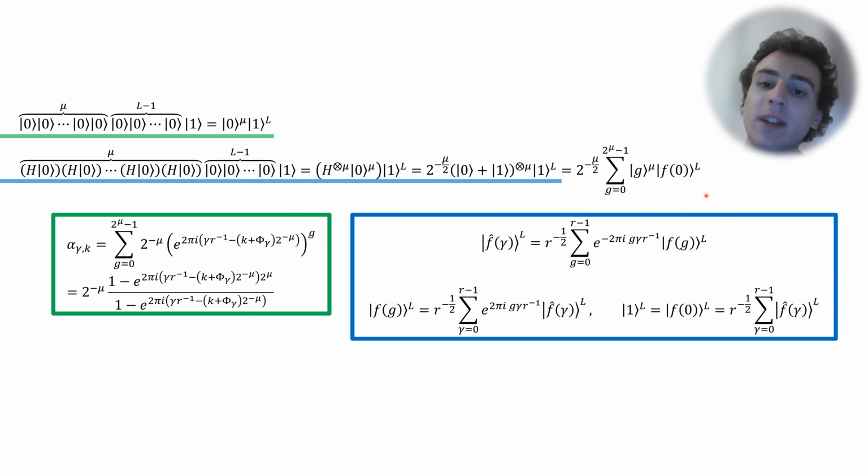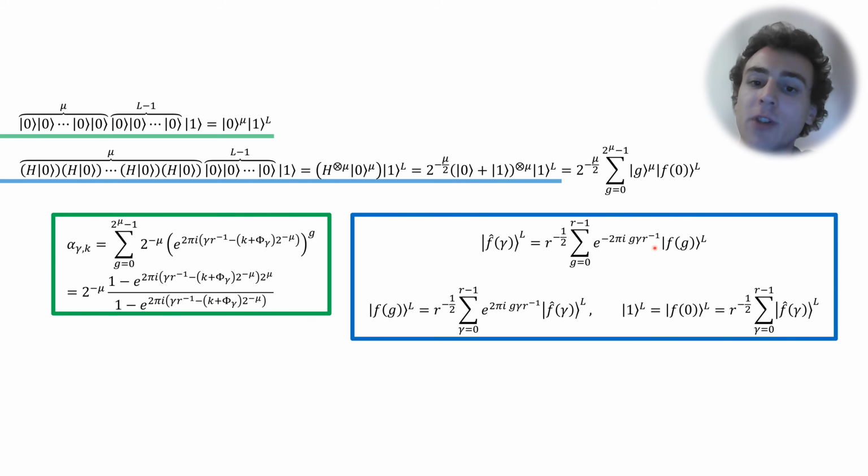Well, to see what is happening in this relationship, we have to look at the blue box. So over here, we're defining a new type of state. So we're labeling this state as f hat as a function of gamma. And this state is going to be defined as a superposition of all of the states labeled by f of g with these complex coefficient factors over here.